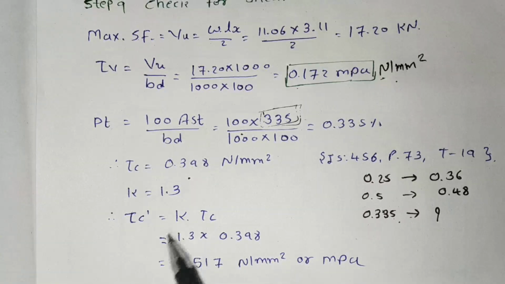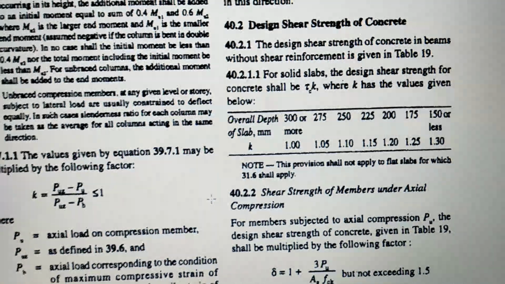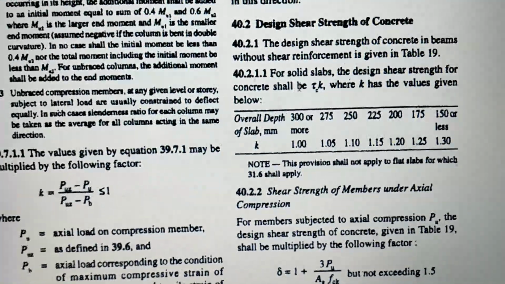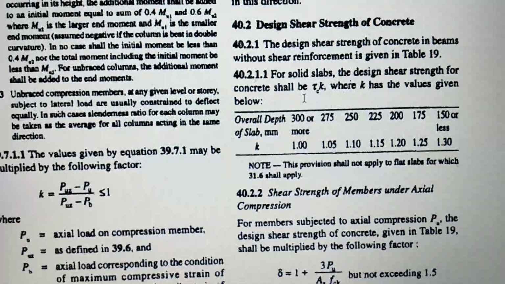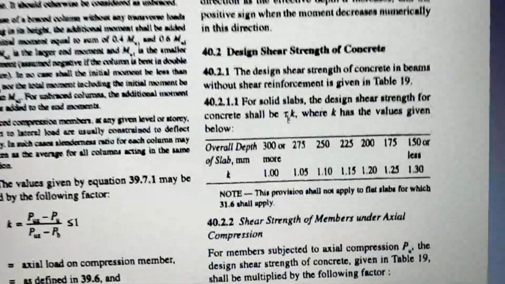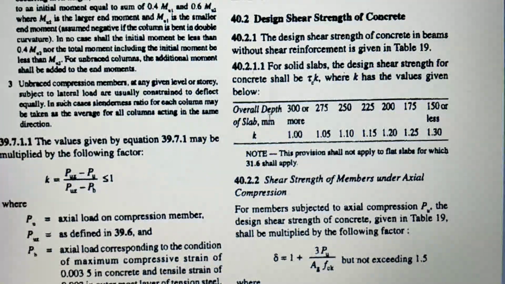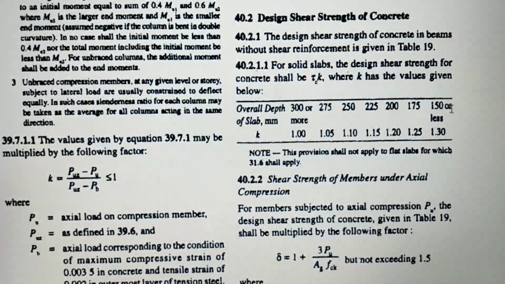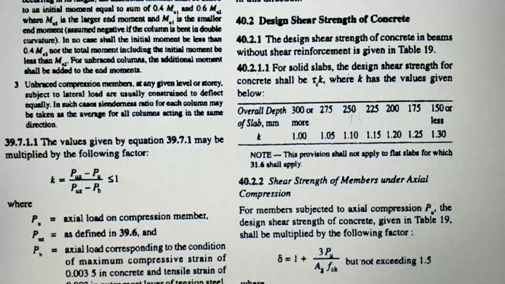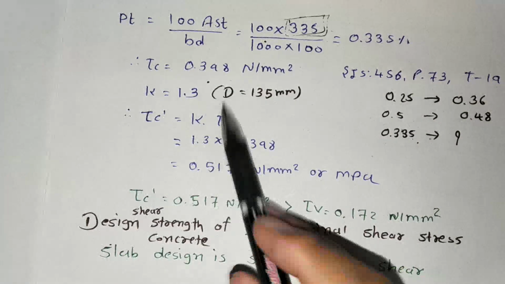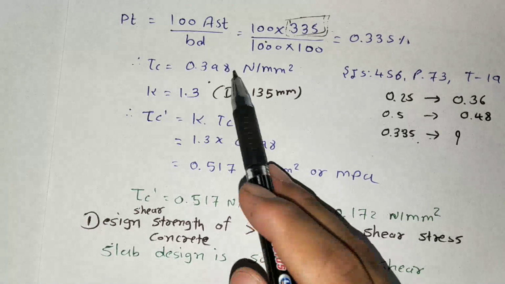This is the design shear strength of concrete equation: tau c dash is equal to k into tau c. Tau c we already calculated, and the value of k depends on the depth of the slab. Our depth of the slab is 135 mm, so we have to use the k value 1.3. This is 1.3 and tau c 0.398.